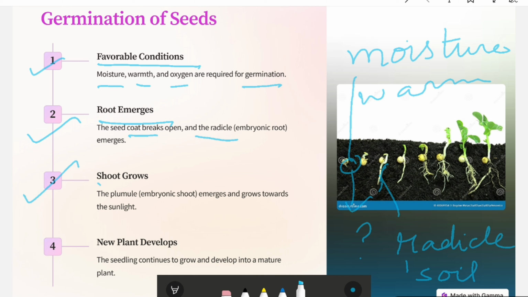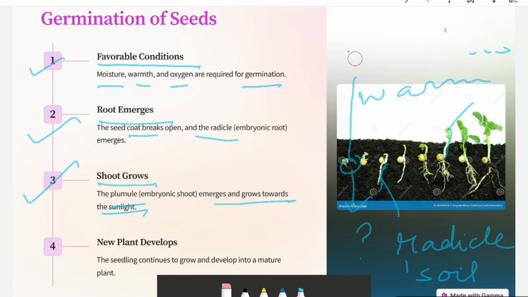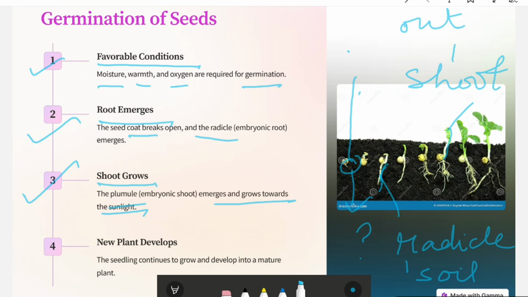The second part, the shoot grows. The plumule emerges and grows outside towards the sunlight. This part is the shoot, and it will grow outside the layer of the ground and form a plant.